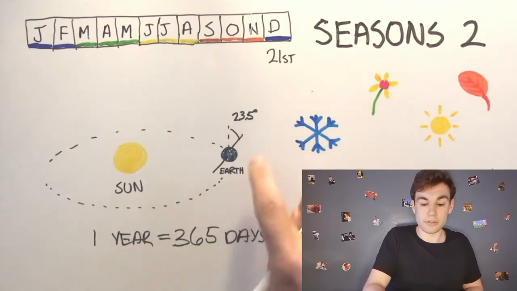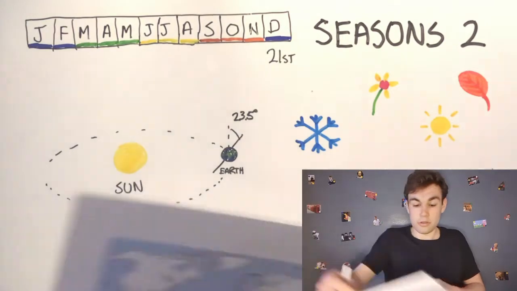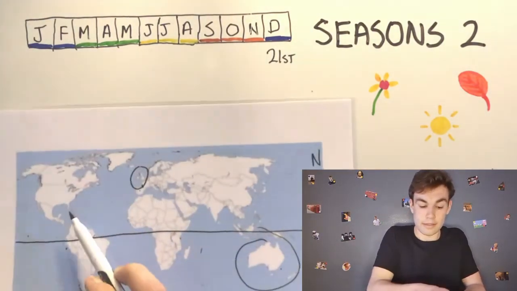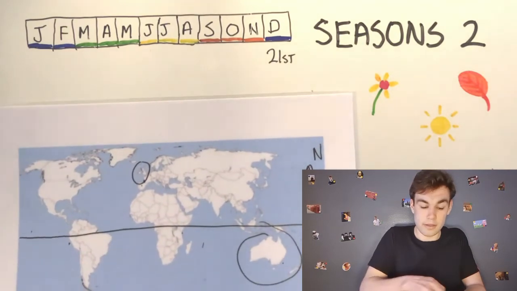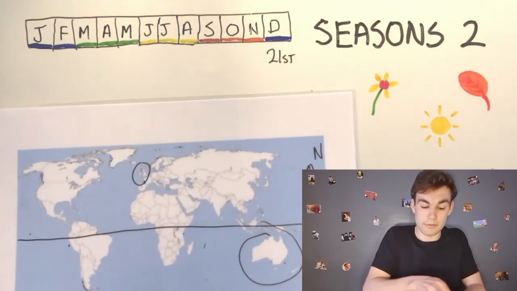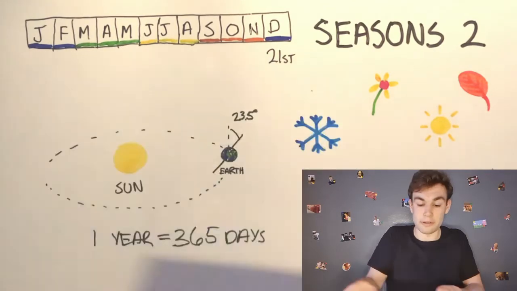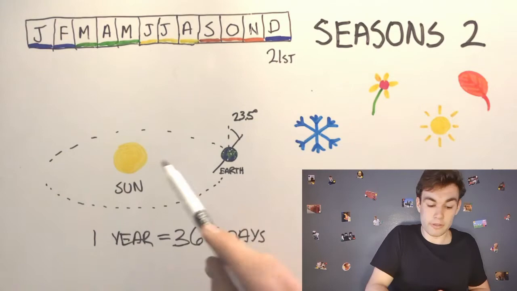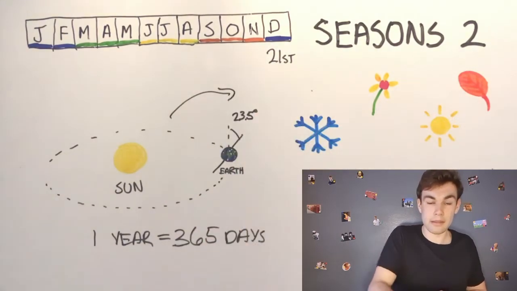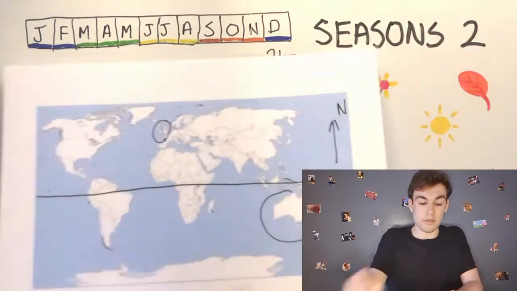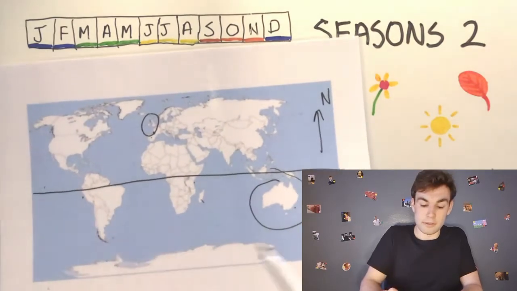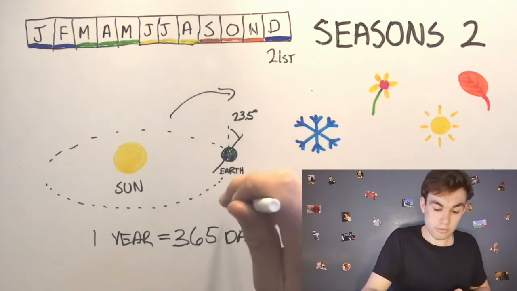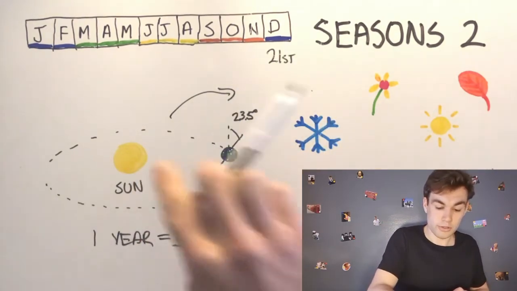On the 21st of December, the northern hemisphere, this is the northern hemisphere, this is the southern hemisphere. The northern hemisphere is tilted away from the Sun, and the southern hemisphere is tilted towards the Sun.